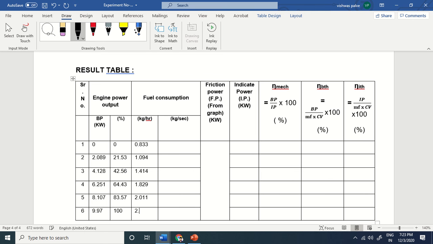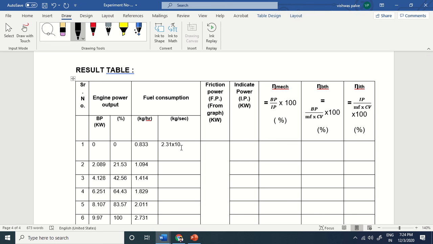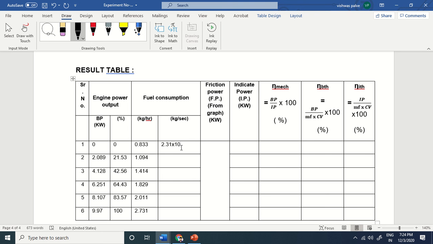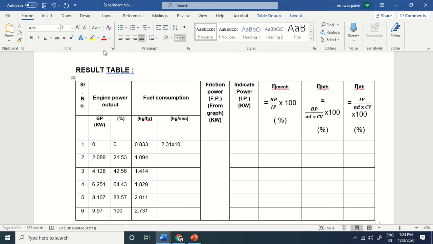Then similarly this will be 2.31 into 10 raised to minus 4. I'll take this value and paste it here, because all readings will be in the same pattern.